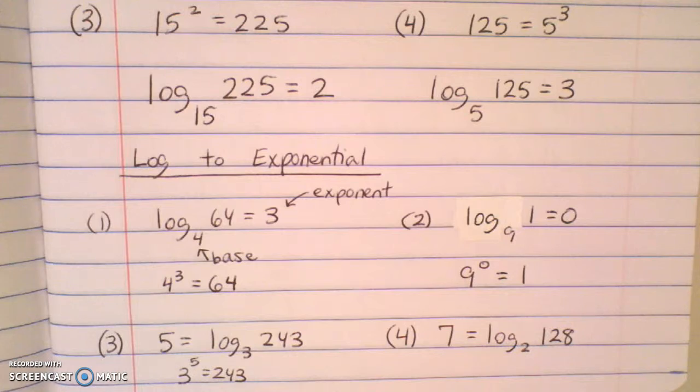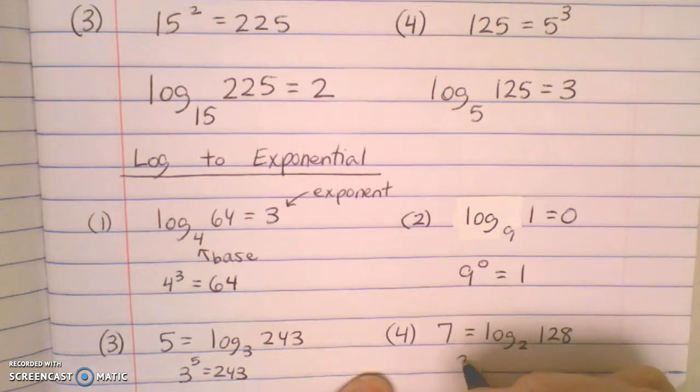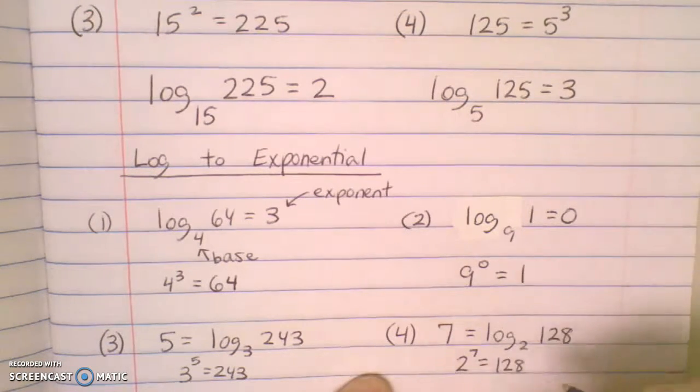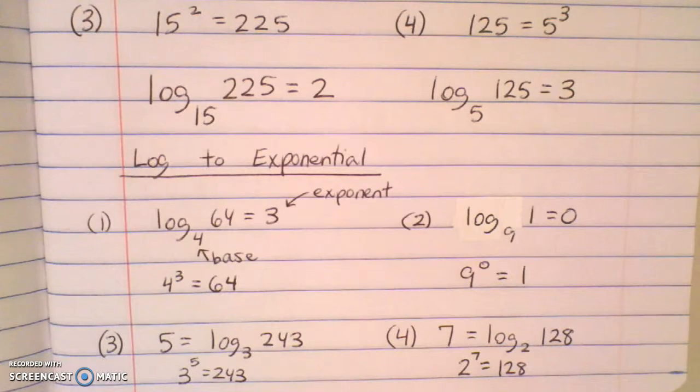Rewrite that using exponential form. We'll have 2 to the 7th equals 128. And that's converting between logs and exponents. Remember, logs are just the inverse of exponentials. Okay, you should be ready to go with some practice problems.